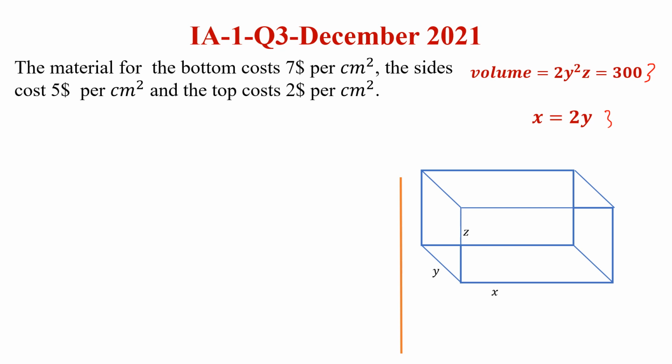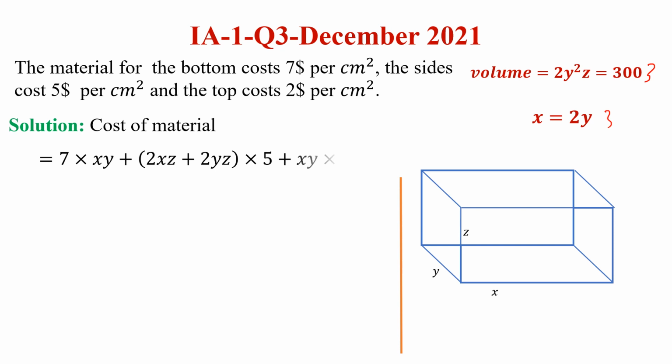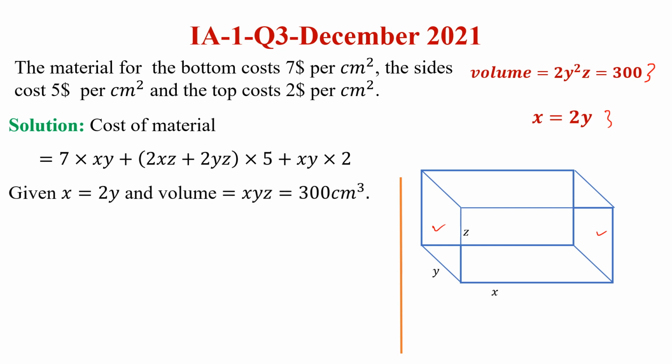The area of the bottom is xy, so it is 7 into xy, and $5 per centimeter square for the sides. So the sides will be 2xz for these two sides, and these two sides will be yz. So 2 times xz and 2 times yz, into 5. And the top is xy again, at $2, so that we have multiplied by 2. So that is the cost equation that we get here.